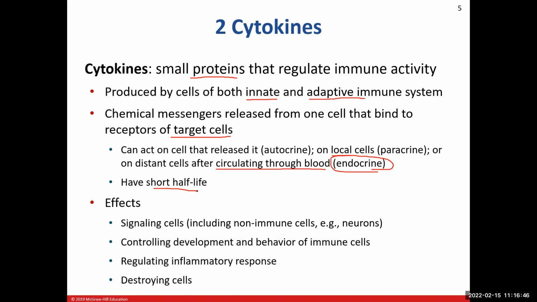Okay, so some of the effects that we see here are going to be to signal cells, like I was saying, hey, we need some help. We'll see that in some of our non-immune cells. The example here are the neurons. The neurons, obviously, their job is to transmit nervous signal information to get some sort of response.